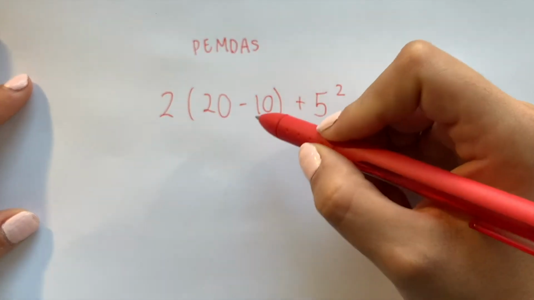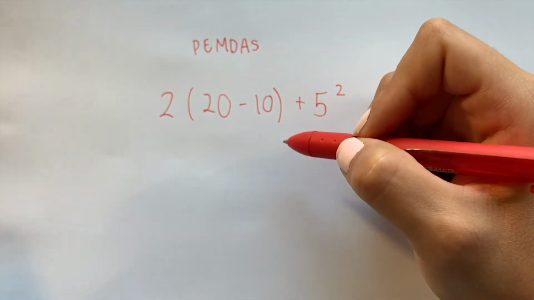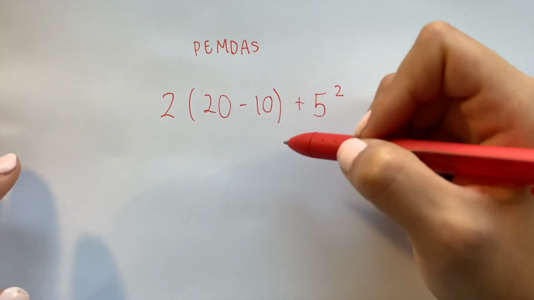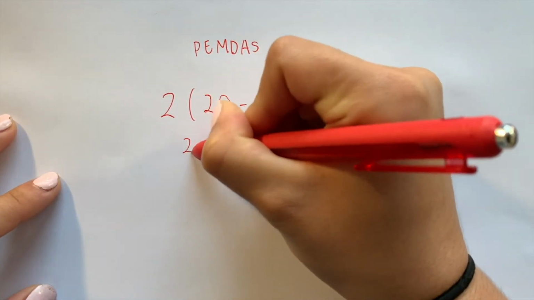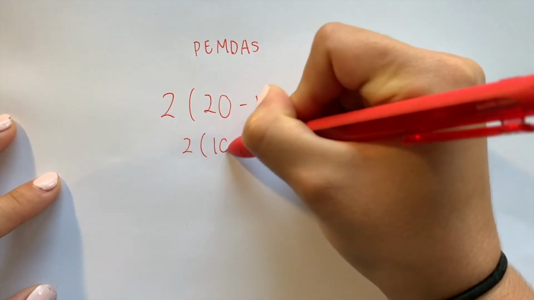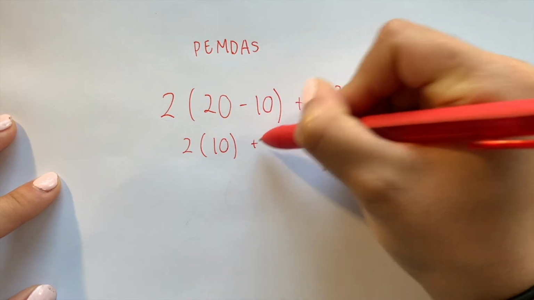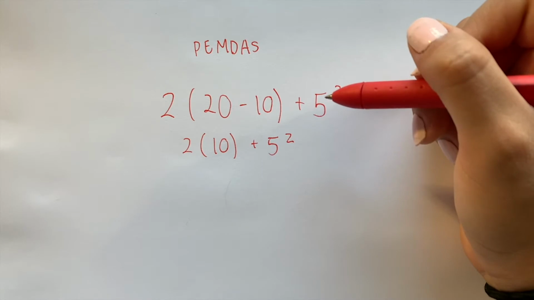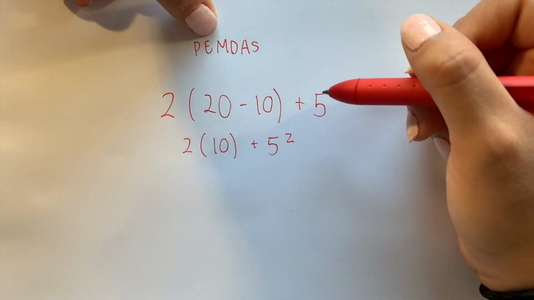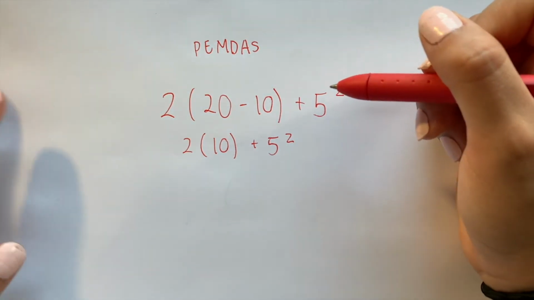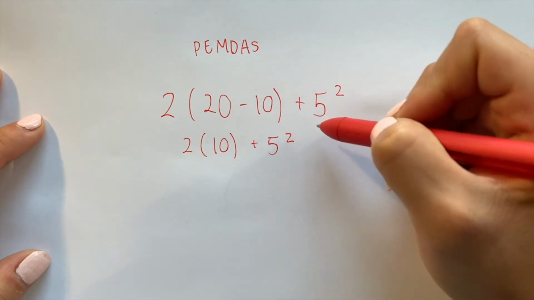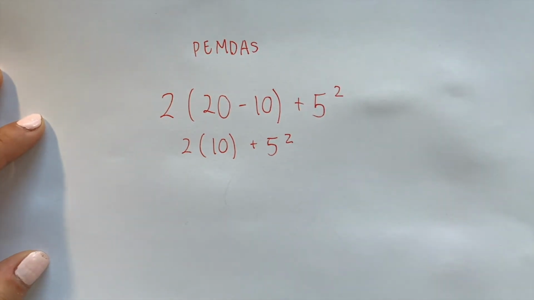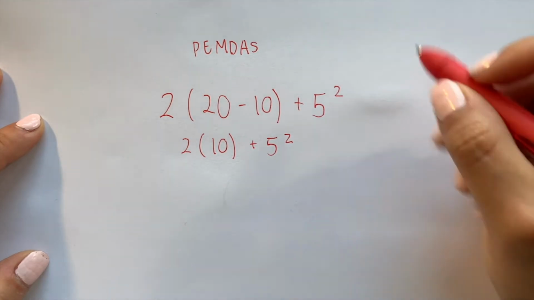So 20 minus 10 is 10, so then we would just rewrite it as 2 times 10 plus 5 squared. Now, what's next? E for exponent. So do we have an exponent? Yes, we do. We have 5 squared there, which gives us 25.